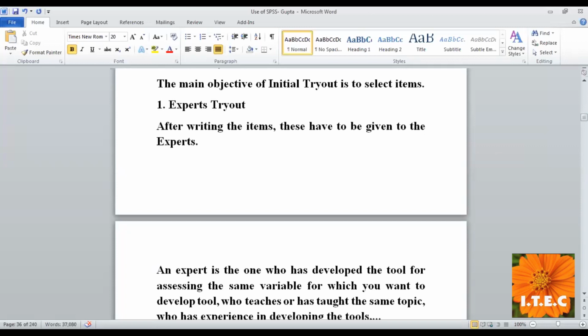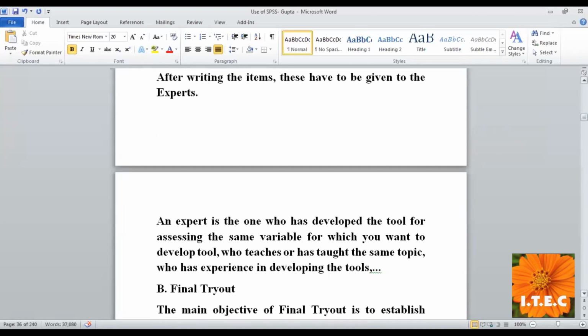So therefore, once you have done this, some of the experts might be very busy and they may not be able to read your items, and maybe after a month you request them to help you in selecting the items.